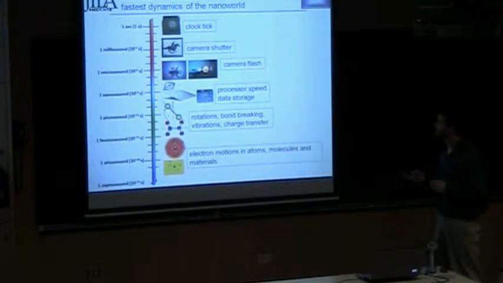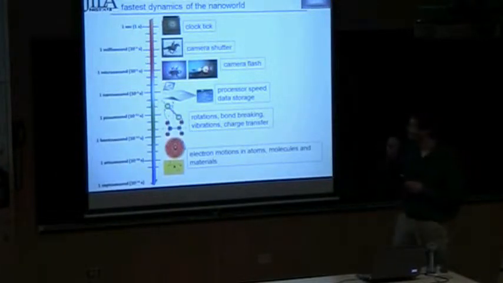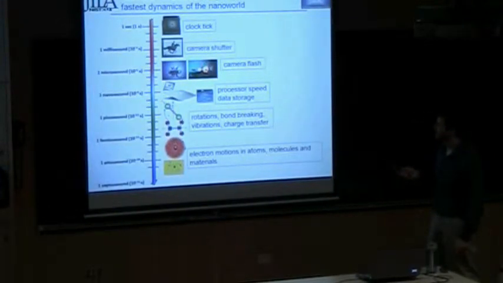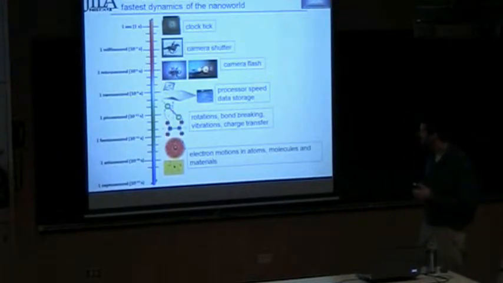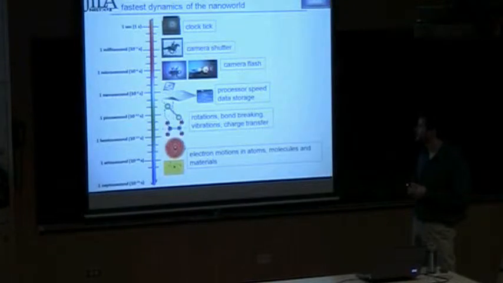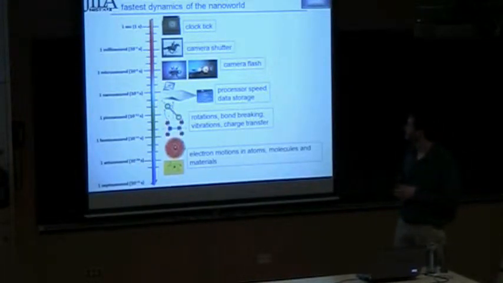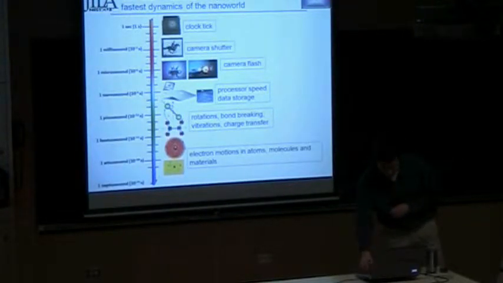More modern high-speed cameras, instead of taking a really fast shutter, take a very bright and very fast flash of light that you repeat, again, a series of those, and take a series of images to resolve very fast things, such as a bullet going through an apple. As we start to push down to the time scales of atoms vibrating and rotating, we're going to repeat that sort of technique. We're going to take very fast flashes of light. In order to do that, you're going to want to use ultra-fast optics, and so ultra-fast lasers.